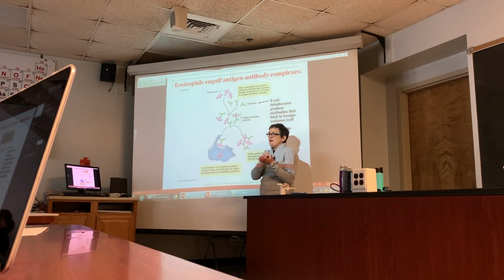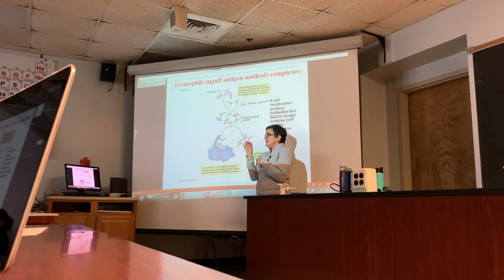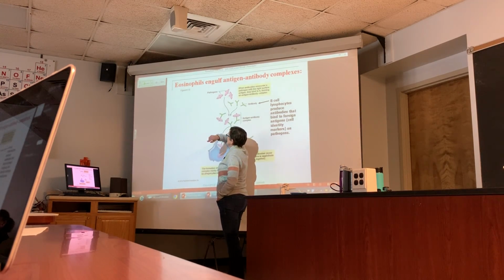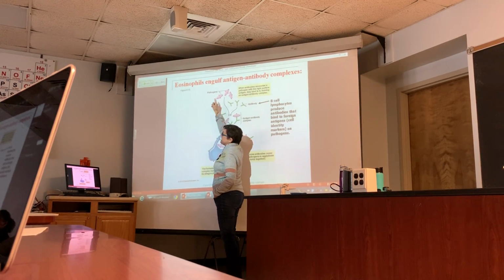You have cell identity markers, or antigens, on your own cells, and your immune system should not respond to those. B cell lymphocytes, though, will respond to foreign antigens on foreign invaders like bacteria and viruses. And these antigens shown in red, that's a cell identity marker.